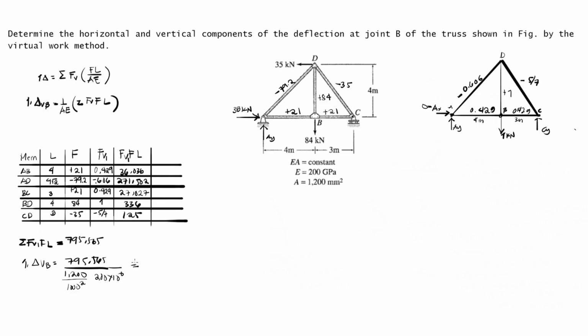Okay? So, ang lalabas sa sagot dito is 3.315 times 10 raised to negative 3 meters. Or, in mm, so 3.315 mm. So, ano yung direction niya? Positive ang lumabas sa sagot, ibig sabihin, it is the same direction dun sa ating virtual load natin. Downward.